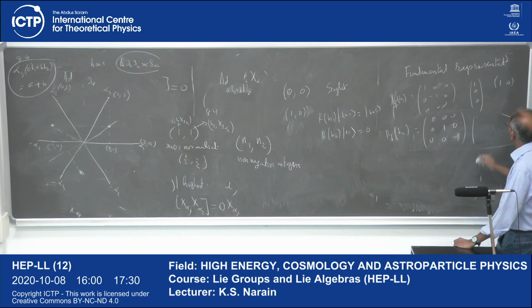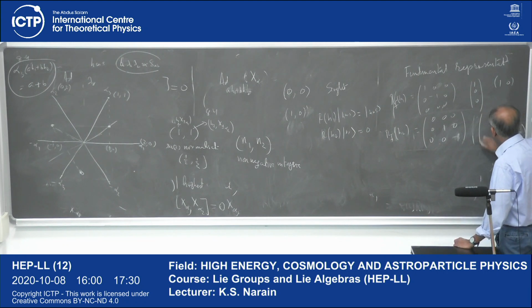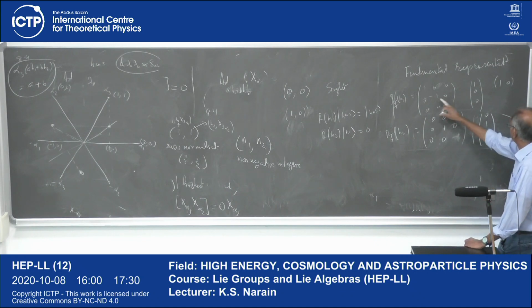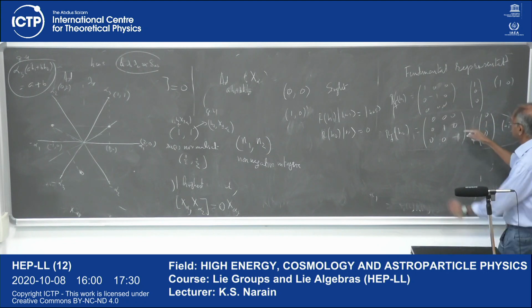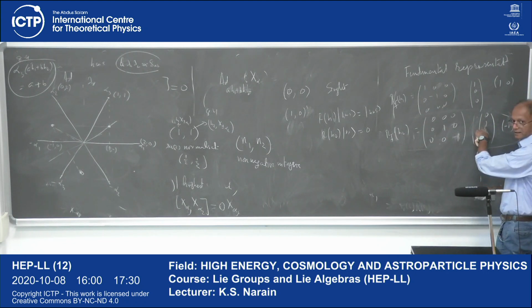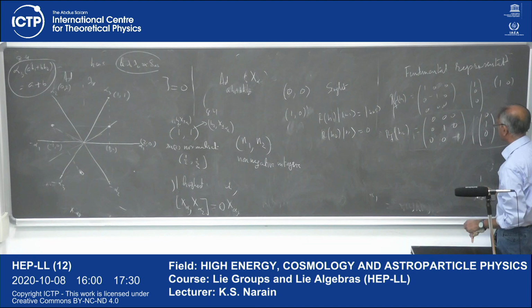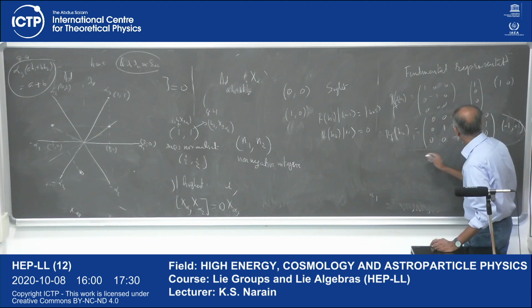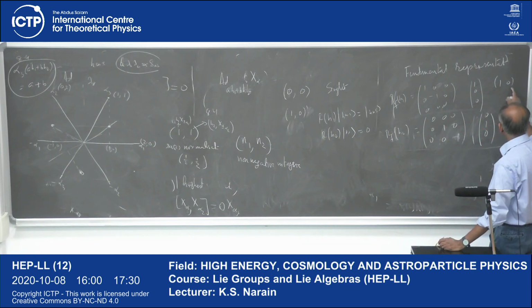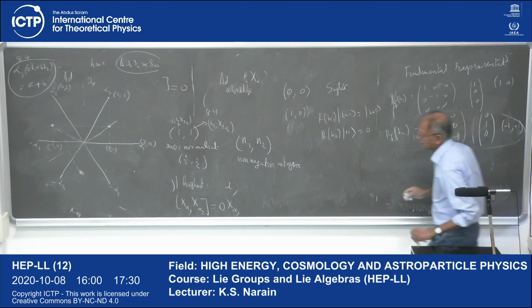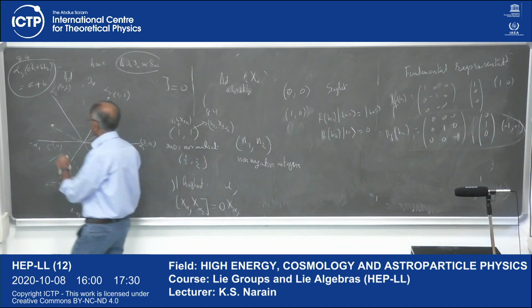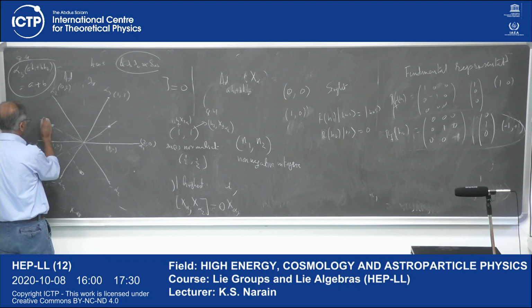Correct? Then you look at the other state. If I apply it on the 0, 1, 0, 0, this will give me an eigenvalue minus 1. This is the second term, it will be minus 1, and this one will give you plus 1. So these are the two eigenvalues, 1, 0 and minus 1, plus 1. So really, this vector should be minus 1, plus 1.